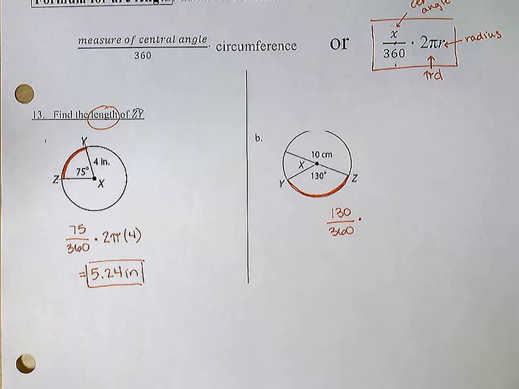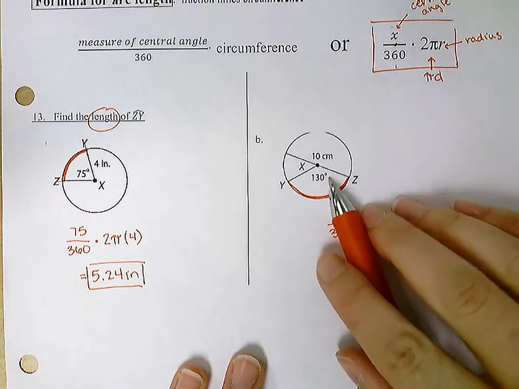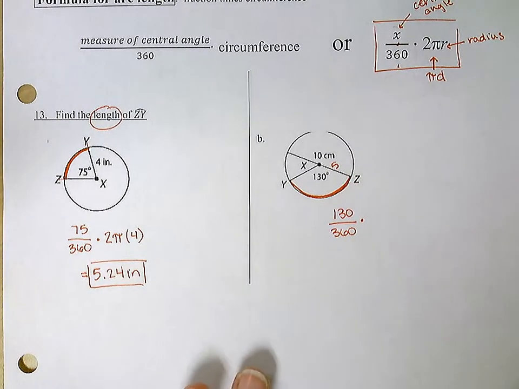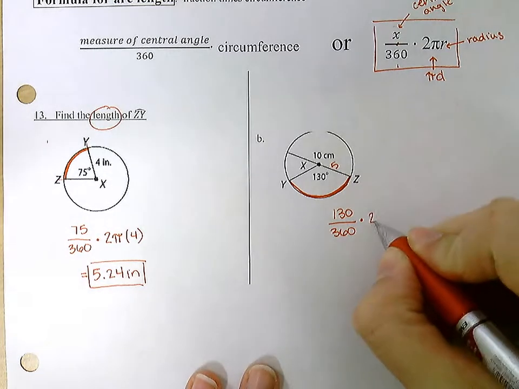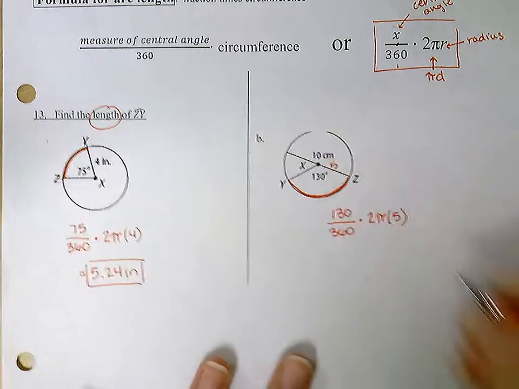Now I'm given my diameter in this one. So the diameter is 10. If you want to use 2 pi r, you can. You just have to say, well, my radius is then 5, right? So I can multiply by 2 pi times the radius, 5.